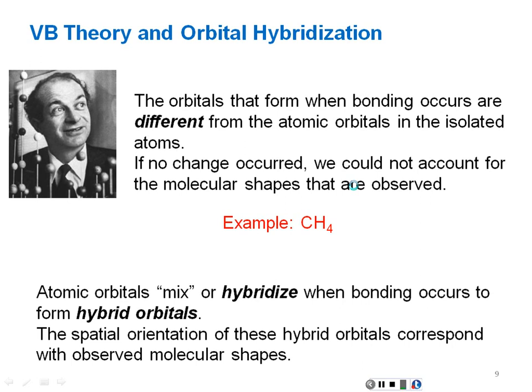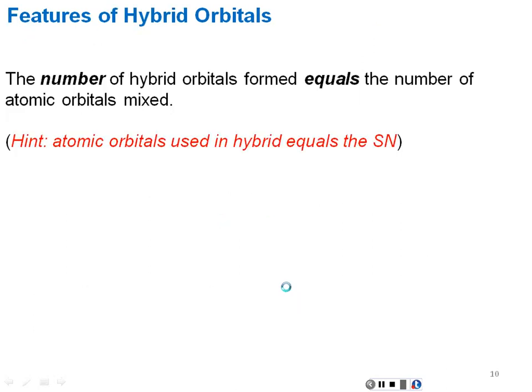So in valence bond theory, we say atomic orbitals mix or hybridize when the bonding occurs, and this forms hybrid orbitals. And the spatial orientation of these hybrid orbitals really explains molecular shapes that we observe. So what are some features of hybrid orbitals?